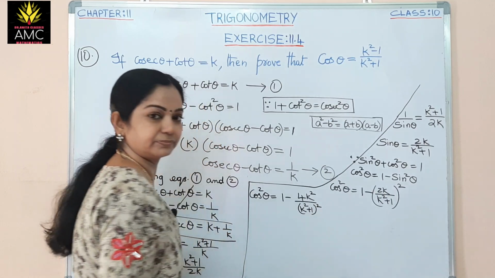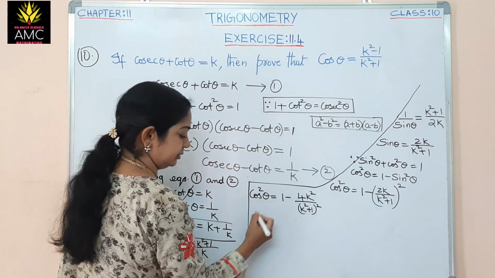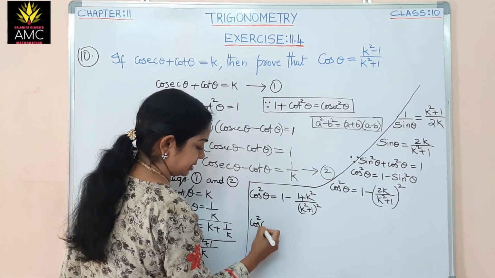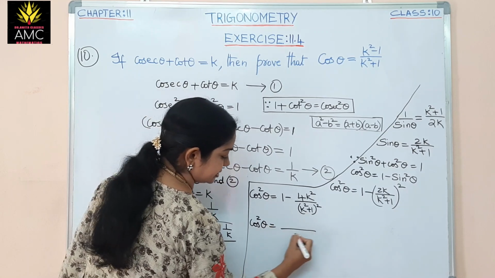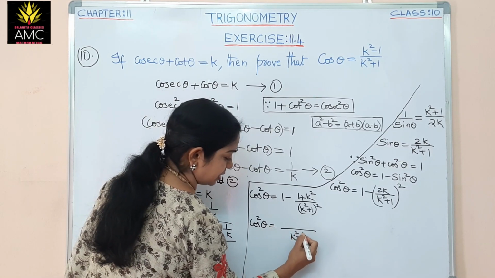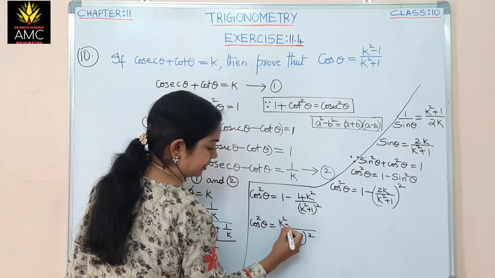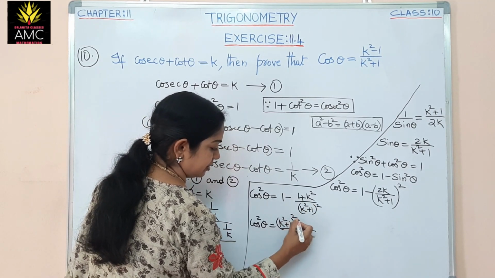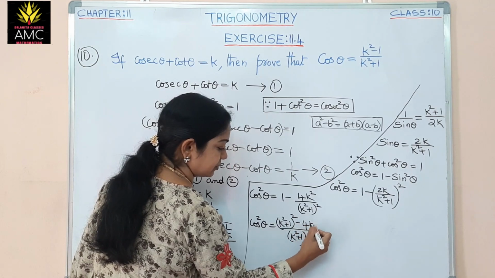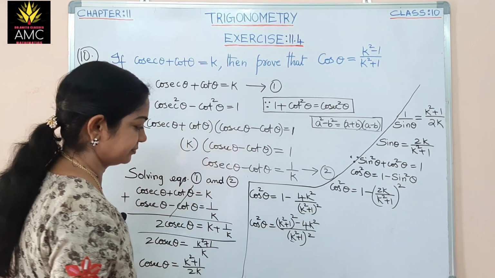Now let me take the LCM, k square plus 1 whole square. Now this into 1, so k square plus 1 whole square minus 4k square. This is the LCM, right?